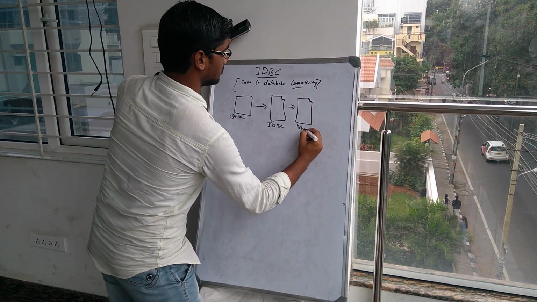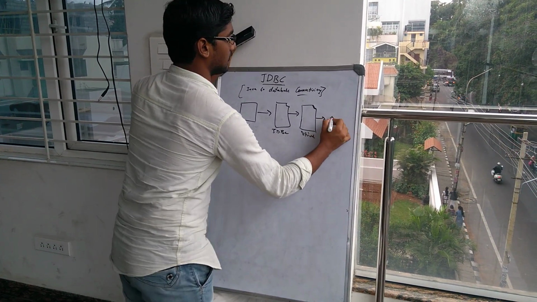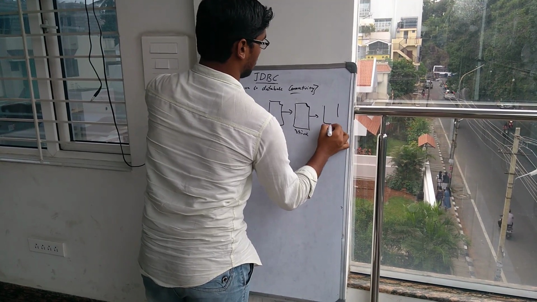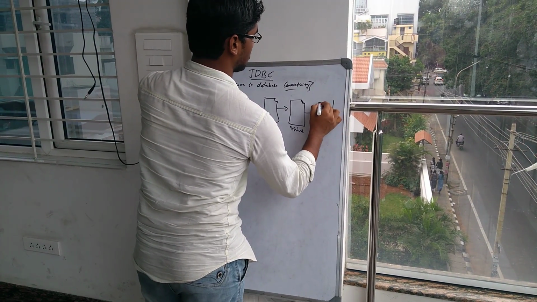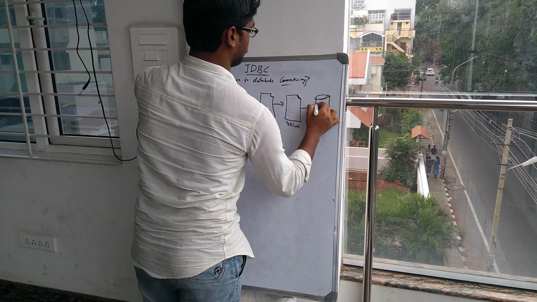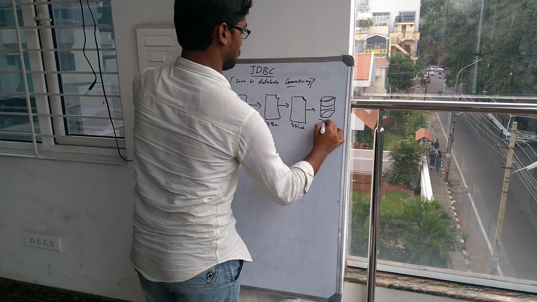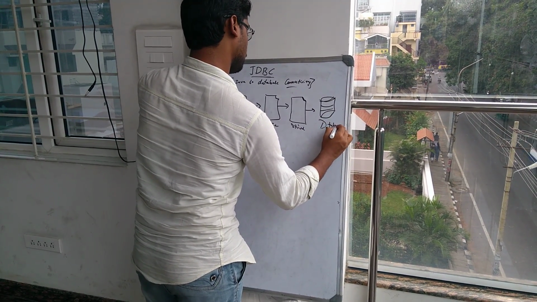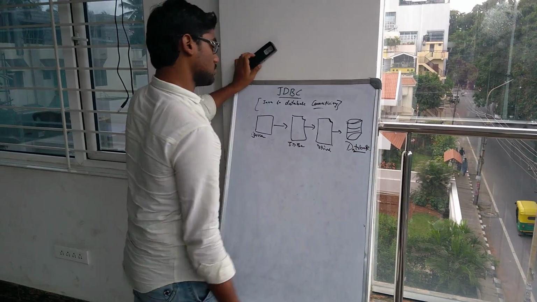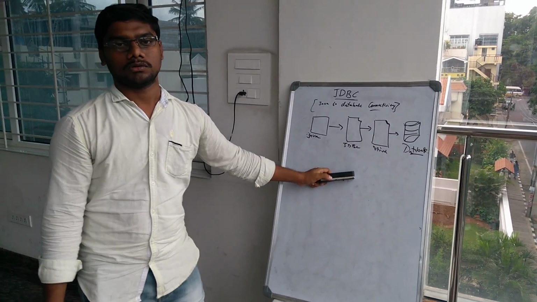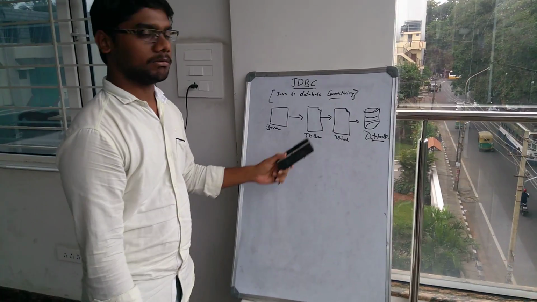So these are the driver files. And last we have the RDBMS, that is the database. So this is the flow diagram of how the RDBMS connectivity works.